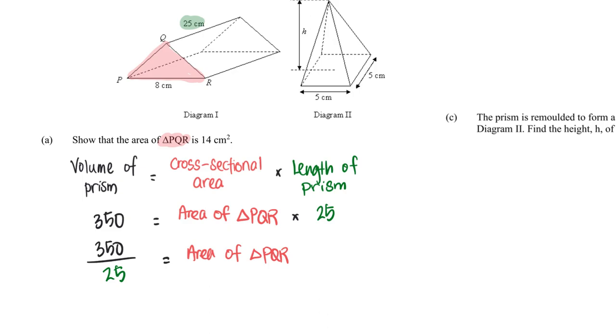And that is indeed equals to 14. And through this set of working, I have successfully shown that the area of triangle PQR is 14 cm square.